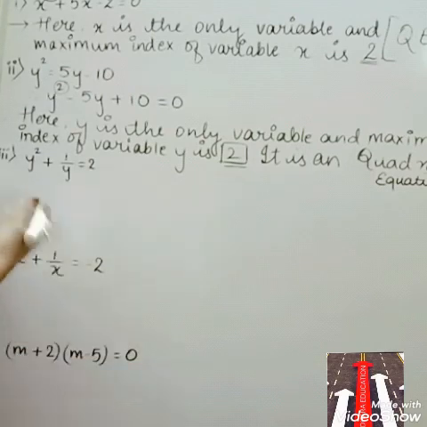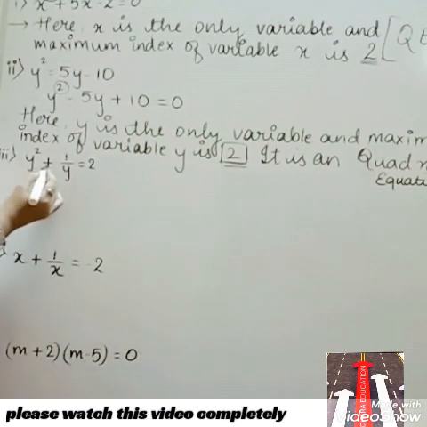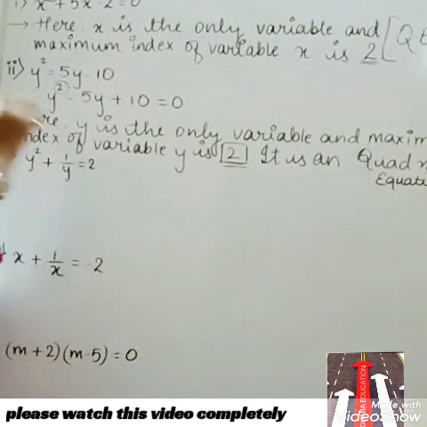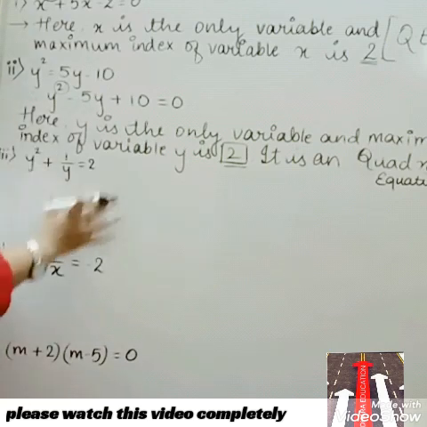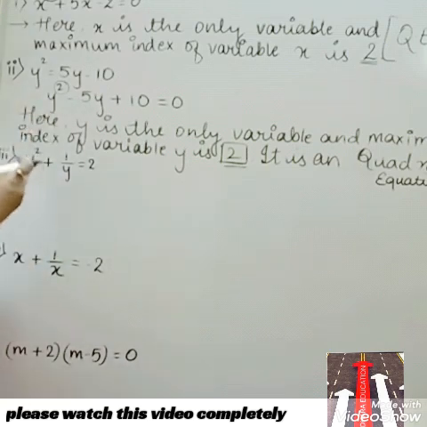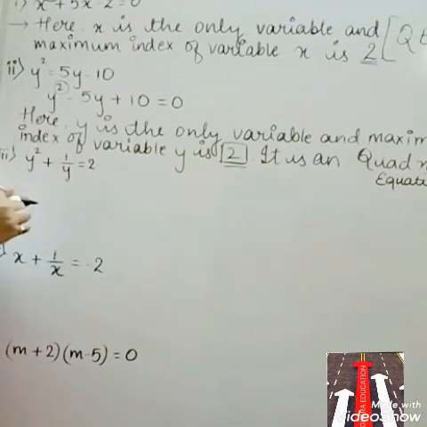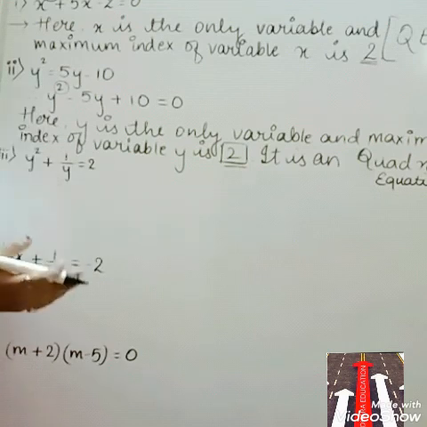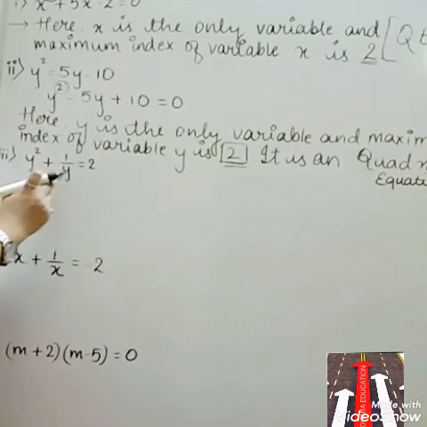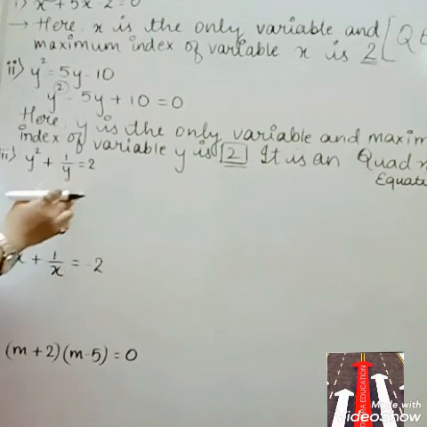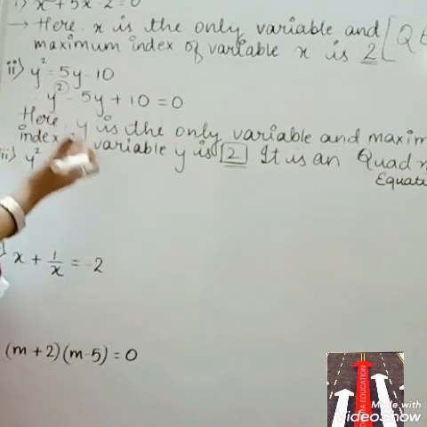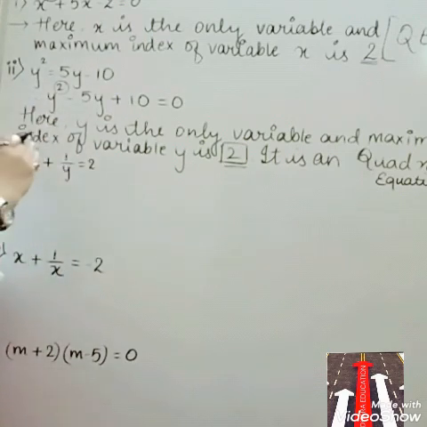So now the third sum is y square plus 1 upon y is equals to 2. Here the entire thing is different. 1 upon y is there. So how are we going to make it in the standard form? We just have to multiply by y on both sides so that the denominator will be cut with the numerator.